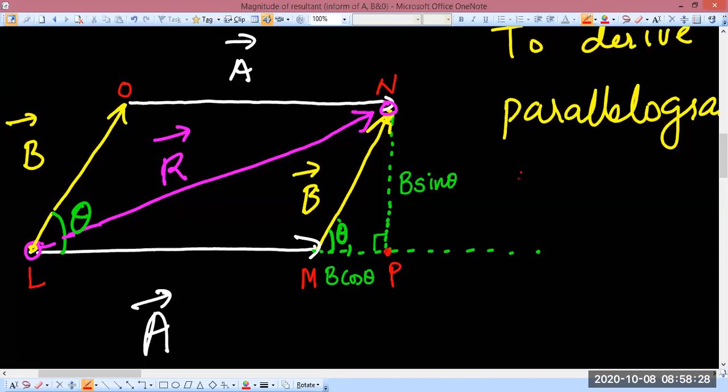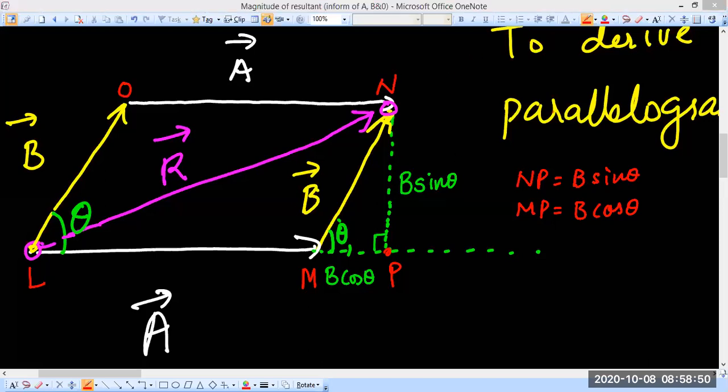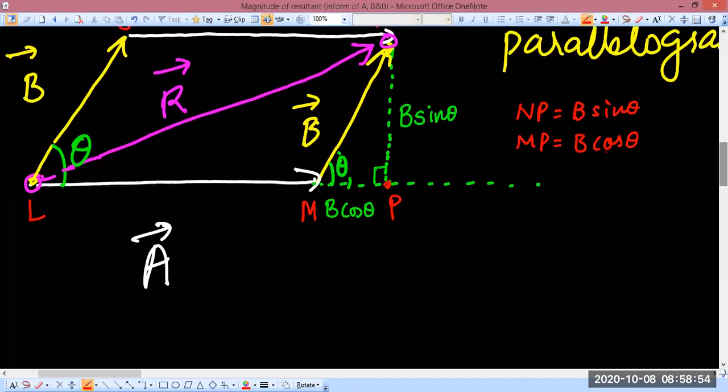Right, so I'm saying that NP is equal to B sin theta, and MP is equal to B cos theta. This has come from trigonometry, right? Think of them as components.